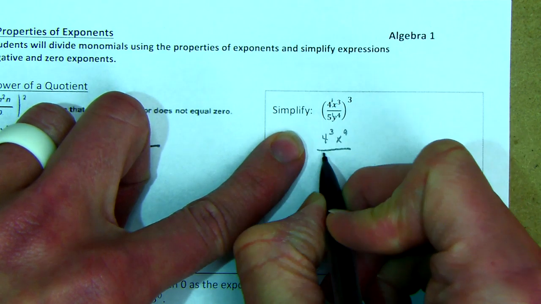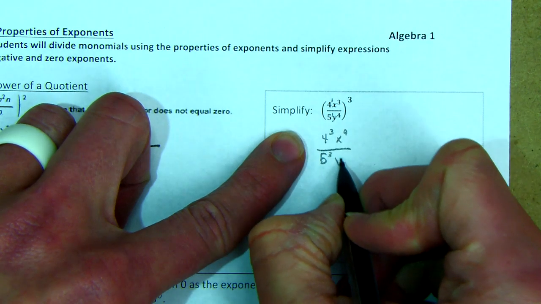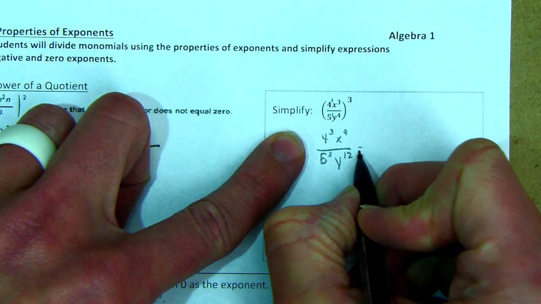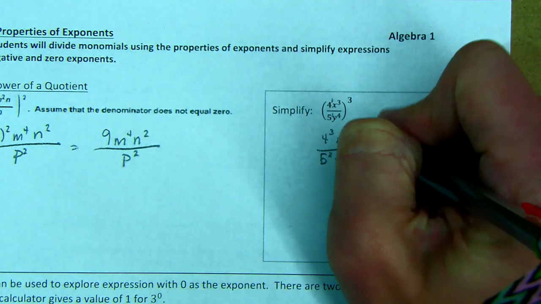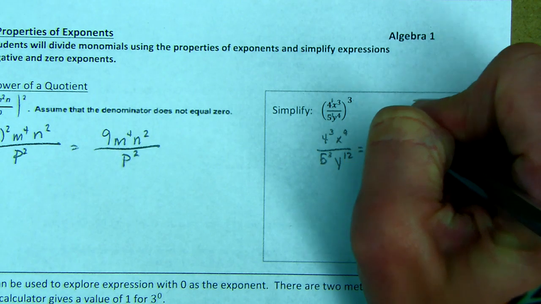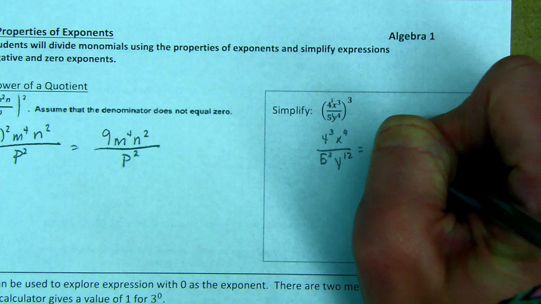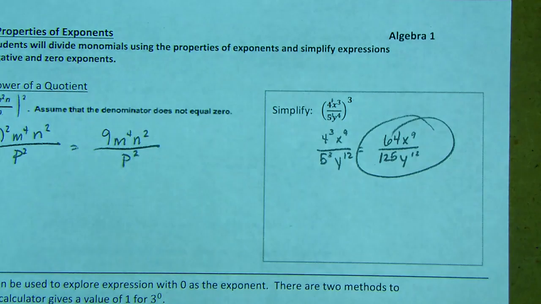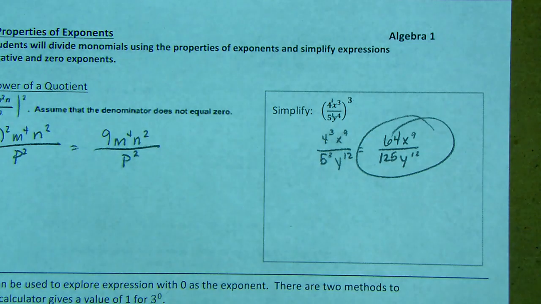On the bottom, we've got 5 cubed, because 1 times 3 is 3, and y to the 12th. And then when we have numbers raised to powers, you need to simplify that out. So 4 to the 3rd power is going to be 64, x to the 9th, and 125, y to the 12th. And if it doesn't reduce before you take it to the power, it's not going to reduce after you do. So there you have it.